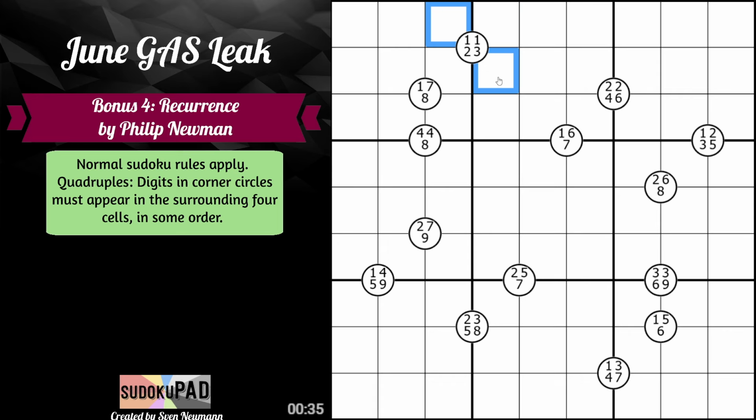So we know that the one has to be either like this or like this. If one was like this, let's just say this 178 quadruple could never be satisfied because you could never have at least one 1 in these 4 cells. As a result, we know that it must be 1 1 like this. The 2246 is telling me that this has to be 3 and this has to be 2 because we know it'll either be 2 2 like this or 2 2 like that.